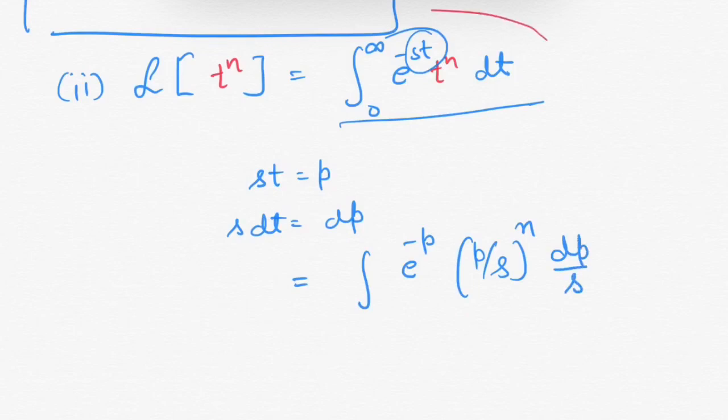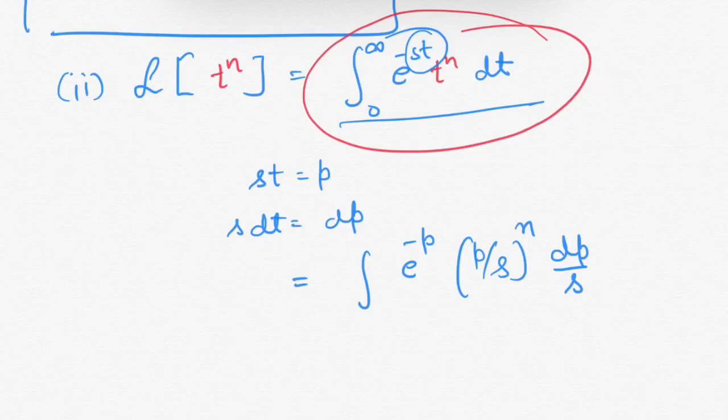In the original equation the variable is t, and the limit of t is from 0 to infinity. In this equation the variable is p. So when t equals 0, p is 0, and when t equals infinity, p will also be infinity. So the limit will be from 0 to infinity.